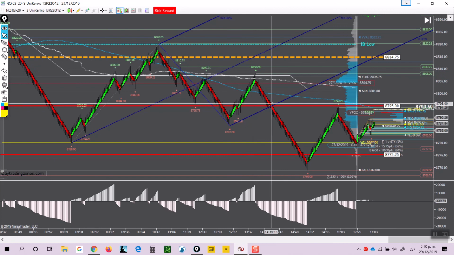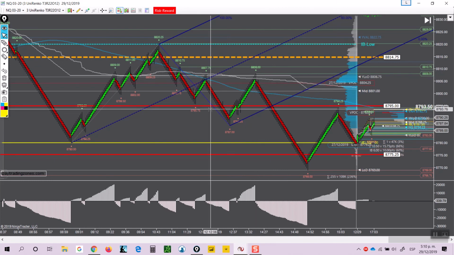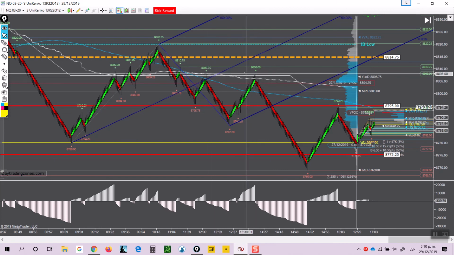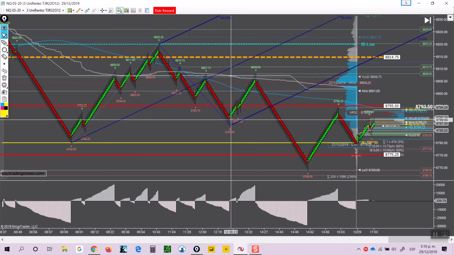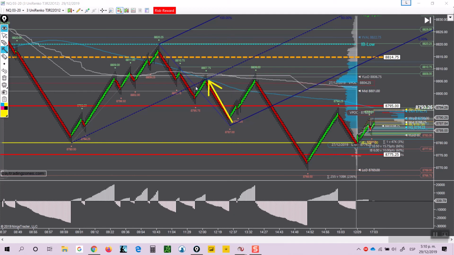And right here is exactly what happened. Price tries to go back up, but it never went to the midline, which is this line here. It stayed short.